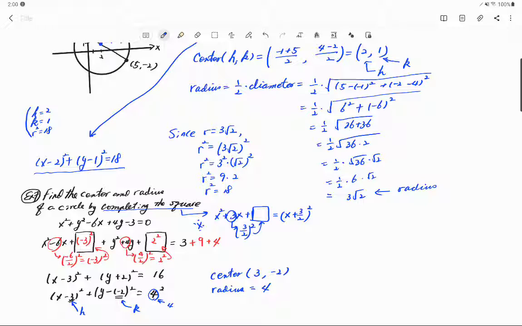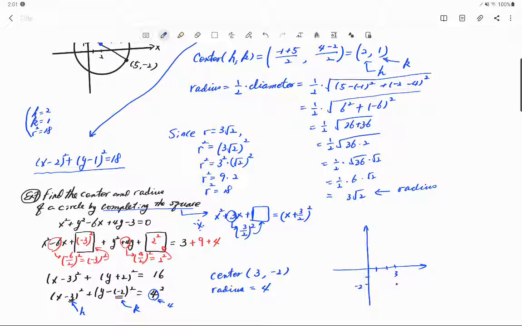So since the center is 3 and negative 2, we are moving a circle with radius 4, 3 units to the right and 2 units down. If we graph it, it looks like this. The radius is 4 and the center is 3 and negative 2.